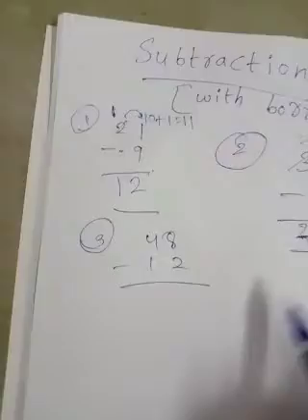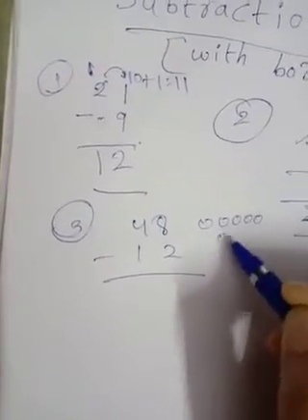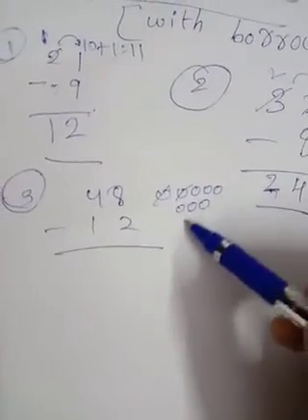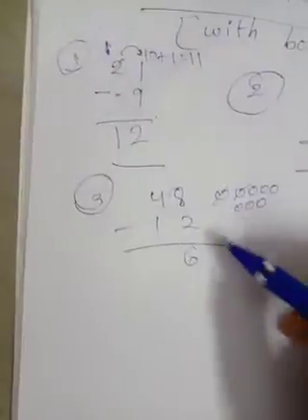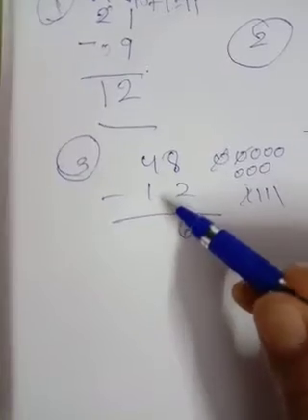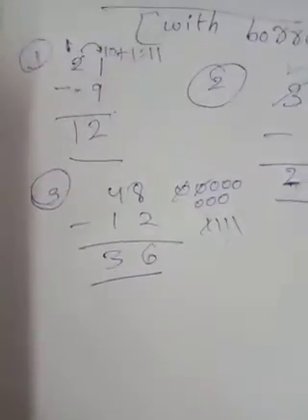Suppose I show a drawing: 8 balls, and 2 are removed. Remaining: 1, 2, 3, 4, 5, 6. 6 in the ones place. In the tens place, 4 minus 1 is 3. So 36. This is simple subtraction.